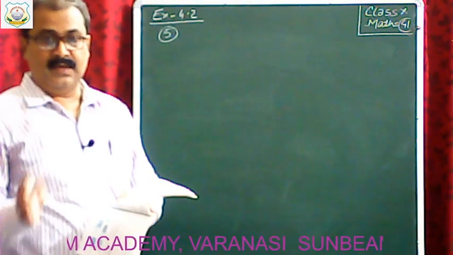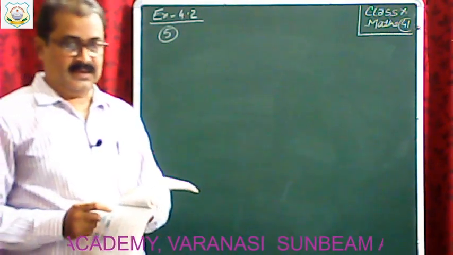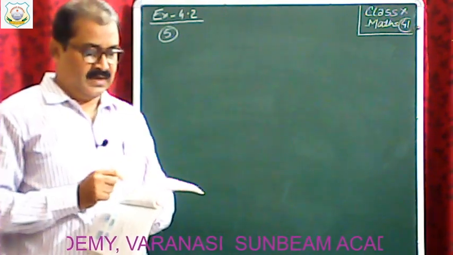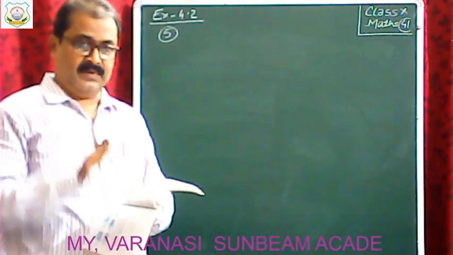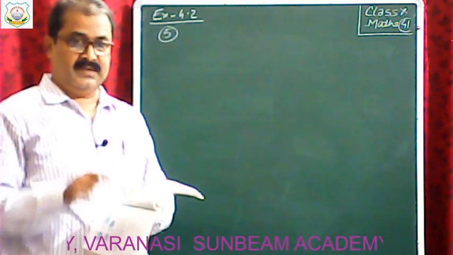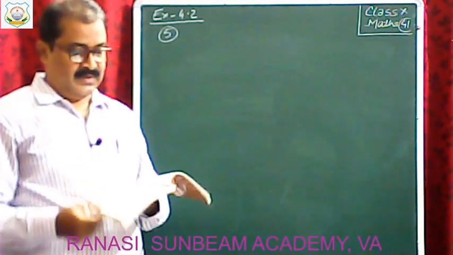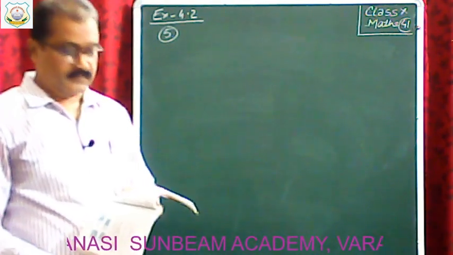If the base is x centimeter, then the altitude is x − 7 cm, as per the condition that the altitude is 7 cm less than its base. And the hypotenuse is 13 cm. Clear?